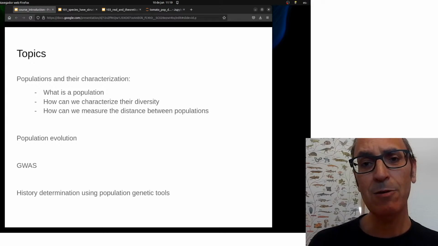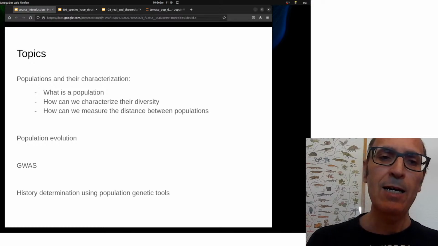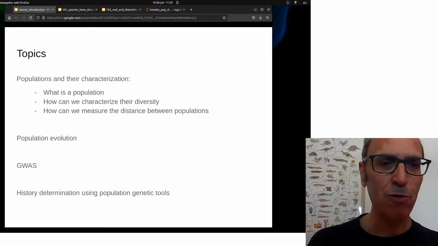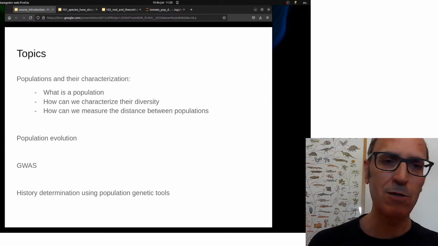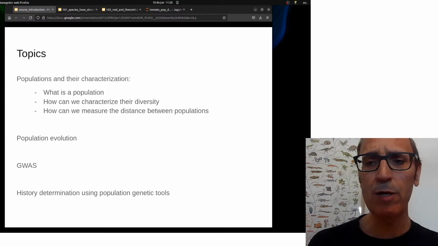These are topics that I don't know exactly why, but they are usually not covered in the more classically oriented books, or not in all of them at least. And after that, we will talk about the usual topics like selection, drift, migration, all that stuff. And at the end, we will do a class on GWAS.